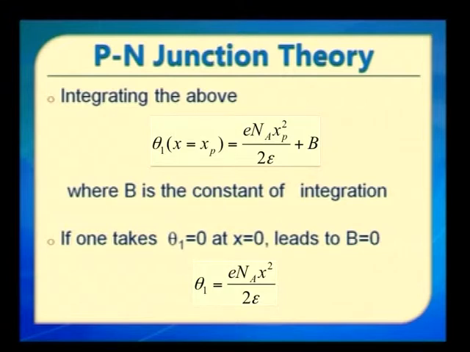If one takes theta 1 is equal to 0 at the point x equal to 0, that is the origin of the depleted region, it leads to the constant b become equal to 0, thereby your theta 1 becomes E times n a into x square by 2 epsilon. That is the expression for theta 1.